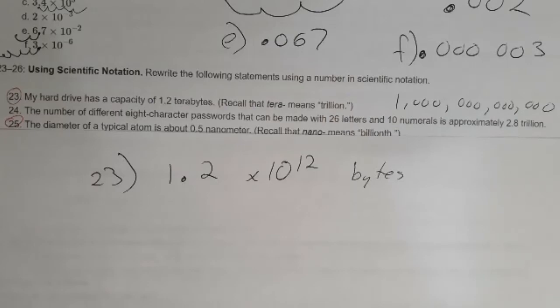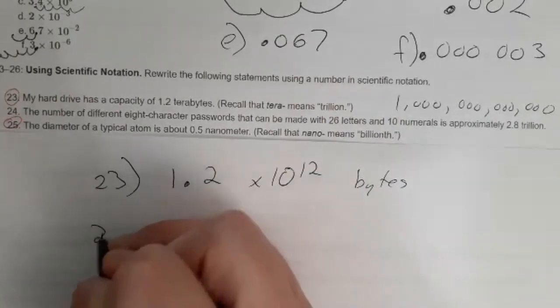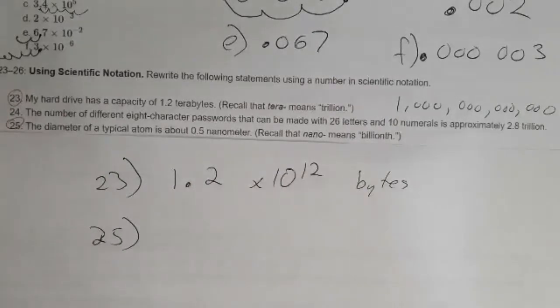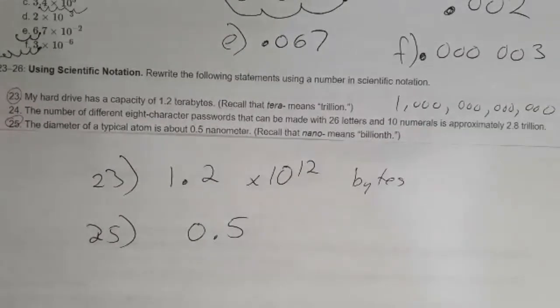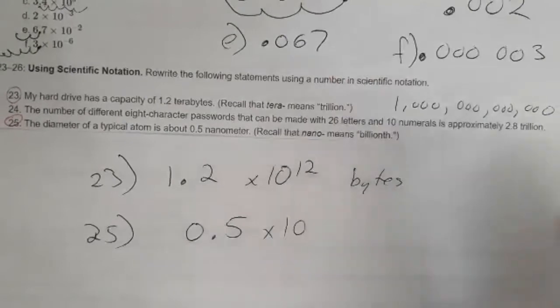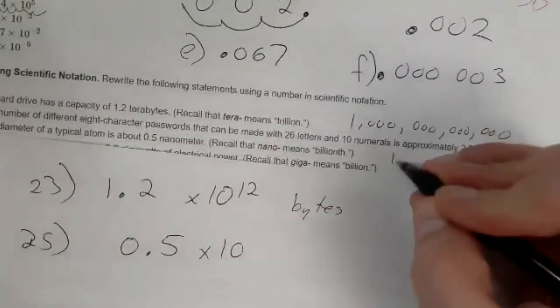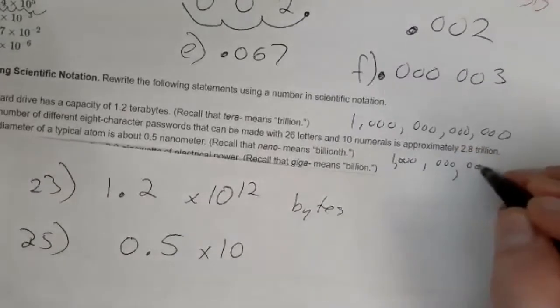The diameter of a typical atom is 0.5 nanometers. 5. Nano means billionth. So just remember what a billion looks like. That's 1,000.